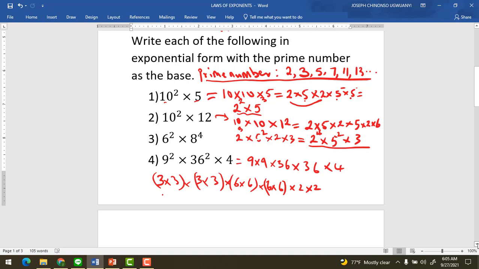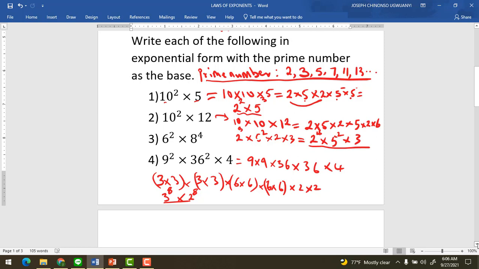So we have 3 exponent 8, then 2, 2 here, 2, 2 here, that's 4. Then there's another 4 here, and times 2 exponent 8. So that is what you end up with. 3 exponent 8, 2 exponent 8.